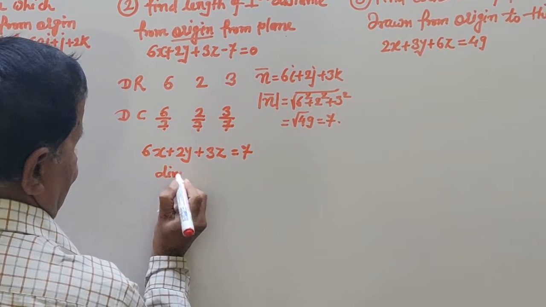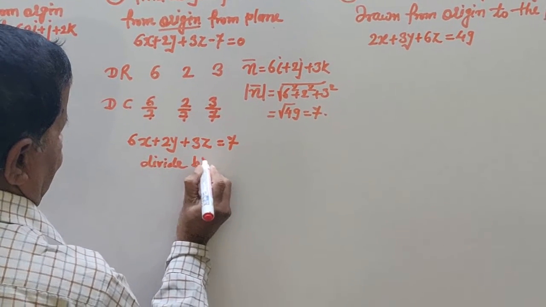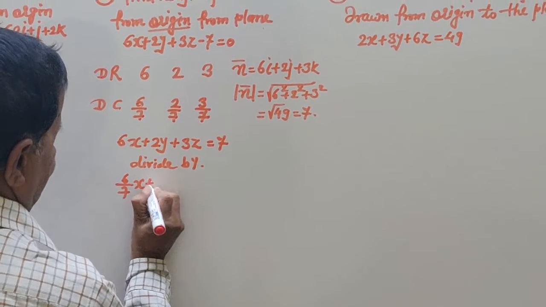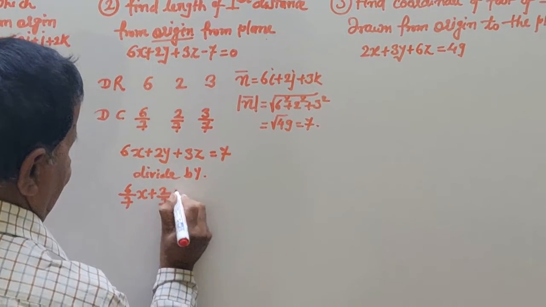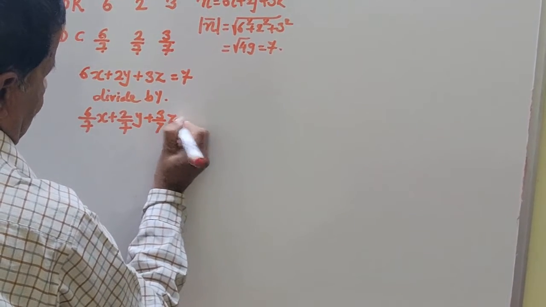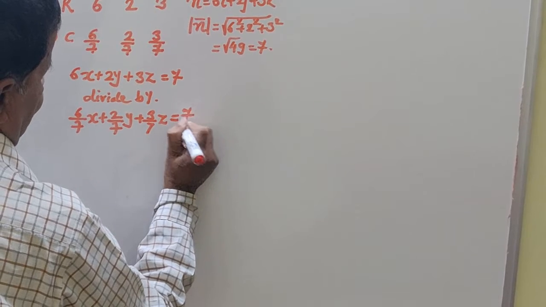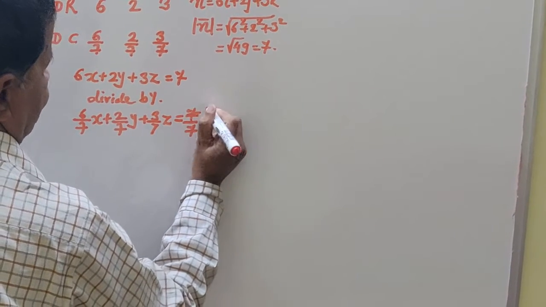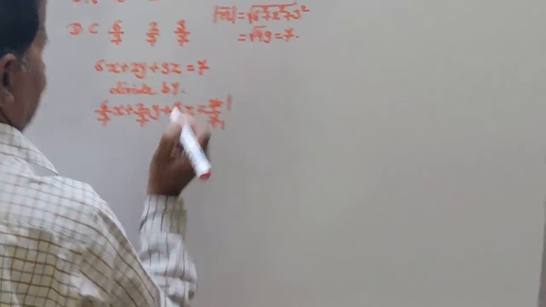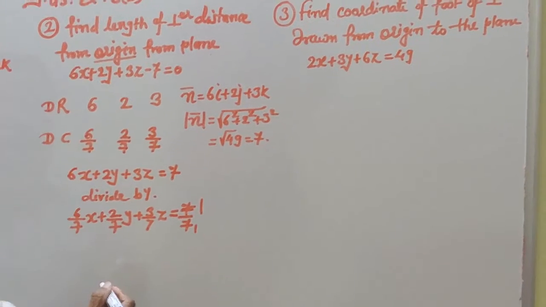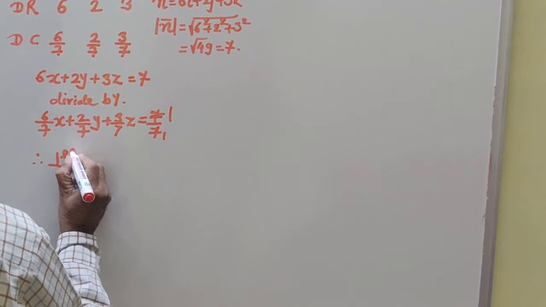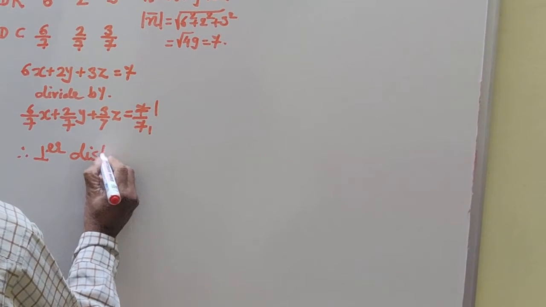So 6 by 7 x plus 2 by 7 y plus 3 by 7 z, and 7 upon 7 gets cancelled, that is equal to 1. Now this is the perpendicular distance. Therefore the perpendicular distance is equal to 1.